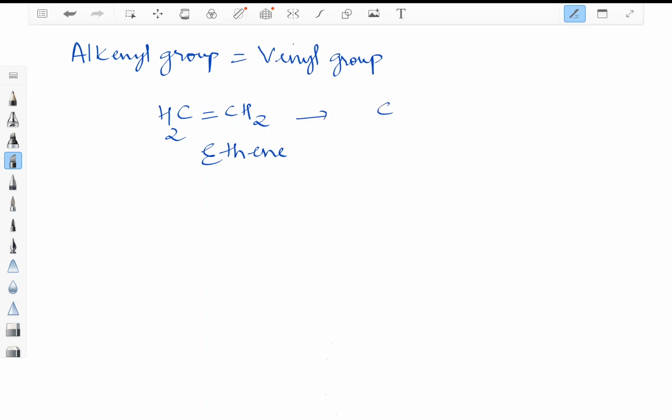So what is happening here is when there is removal of hydrogen from this compound, that is CH2 double bond CH, and hydrogen is removed, one valence is left. I mean to say one bond is left. So the IUPAC name of the compound changes. From ethene, I'm going to remove E and add YL.